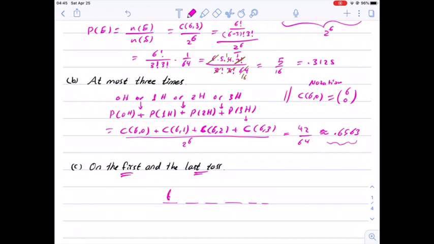From 1 head we choose 1 head, or if we want to write it as C, from 1 head we choose 1 head, and on the last one we choose 1 head from the 1 head.